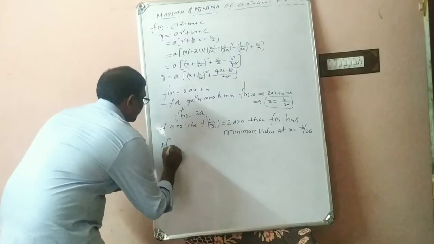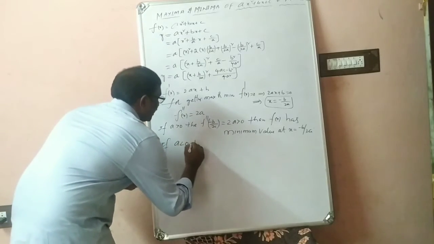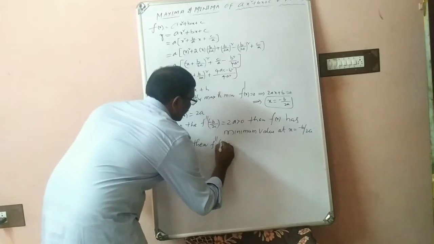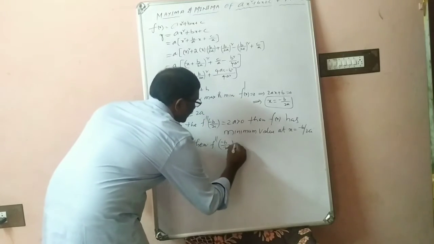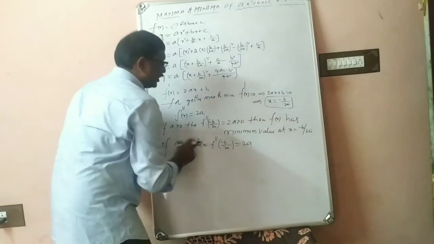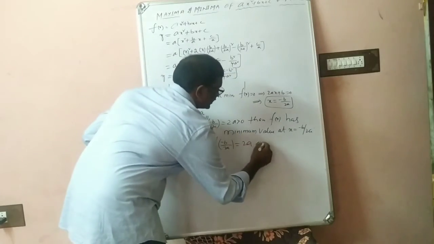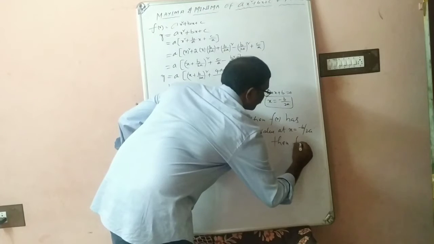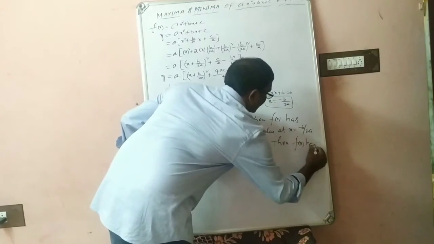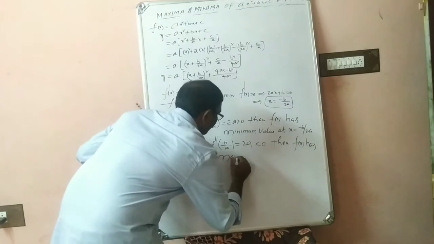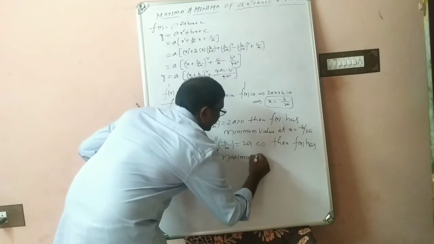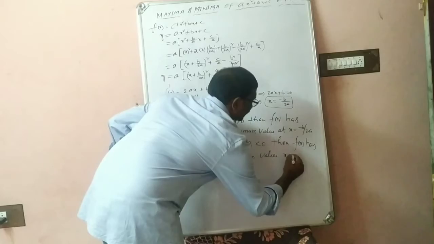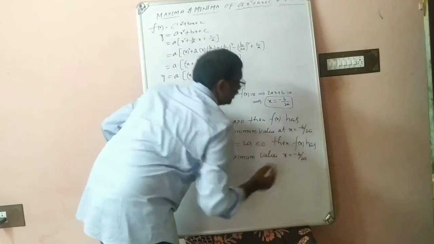Suppose a is less than 0, a is negative, then f double dash of minus b by 2a is equal to 2a, which is negative, less than 0. Then the function has a maximum value at x is equal to minus b by 2a.